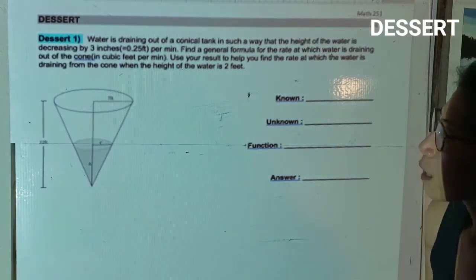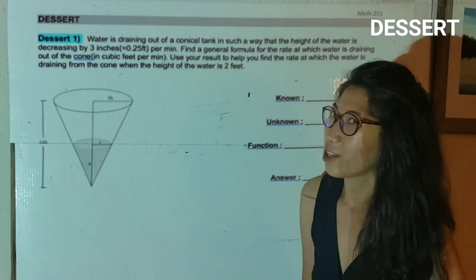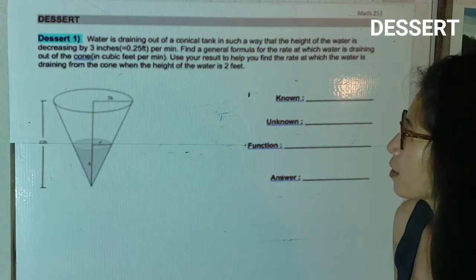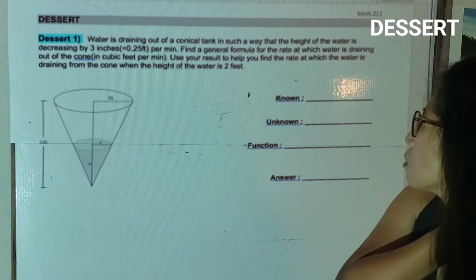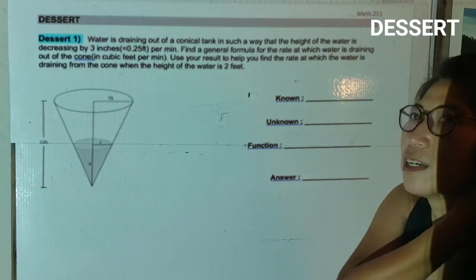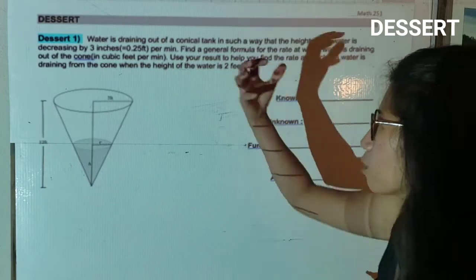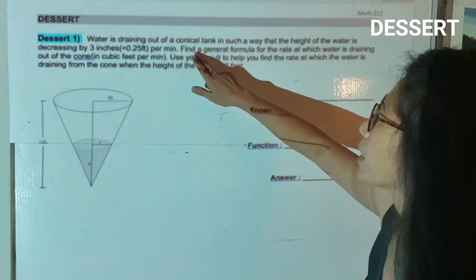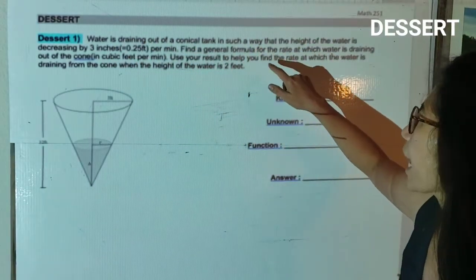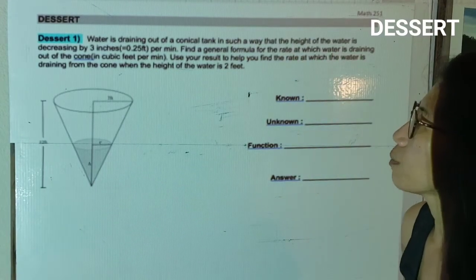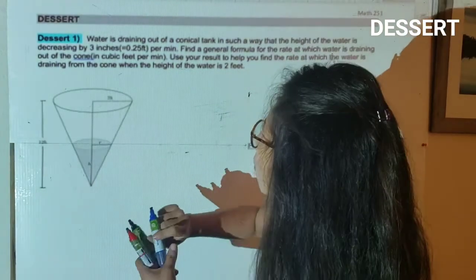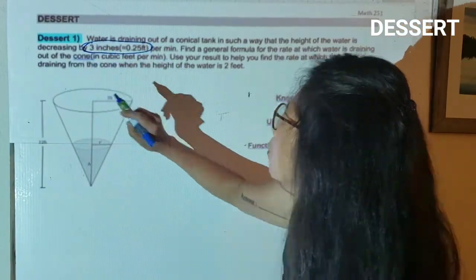Keep thinking. So this dessert is another delicious one, and since this one is a dessert, it looks like the cone shape of the pancake barrel, right? That you're gonna squeeze. The water is draining out of the conical tank in such a way that the height of the water is decreased by 3 inches per minute.